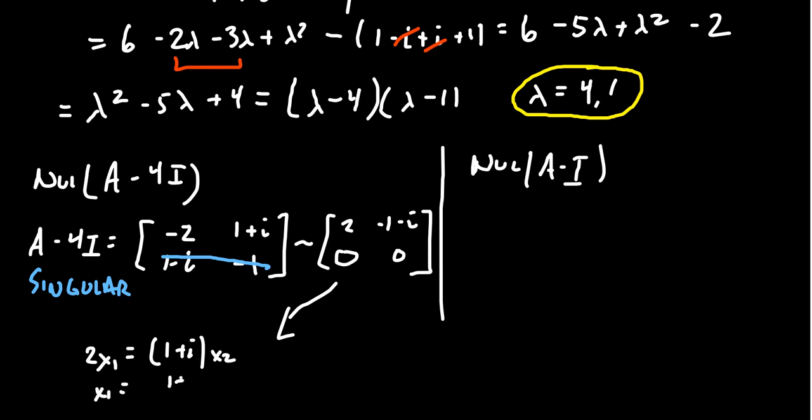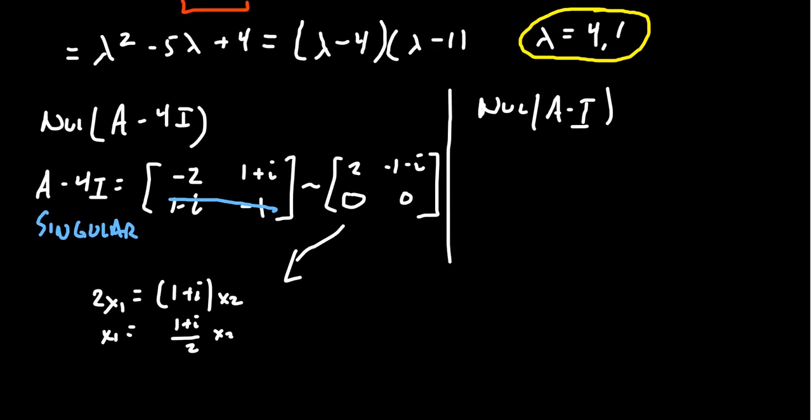And so you're going to get 1 plus i over 2 times x2. So if you set x2 equal to 1, then you're going to get this vector v1, which is given as x2 is set to be 1, and then the first entry will be 1 plus i over 2, like so.